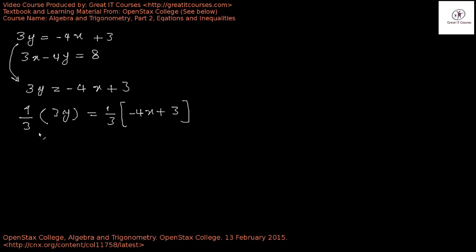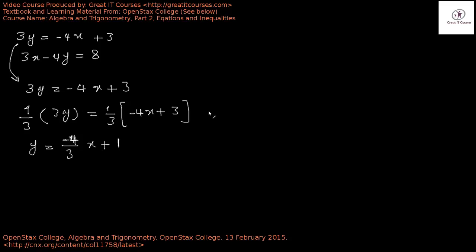Now 1/3 into 3y is equal to y, and 1/3 into minus 4x is equal to minus 4 by 3x, plus 1/3 into 3 is equal to 1. So now this equation is in the slope intercept form. Now you know that the slope of this line is minus 4 by 3, and the y-intercept of this line is plus 1.